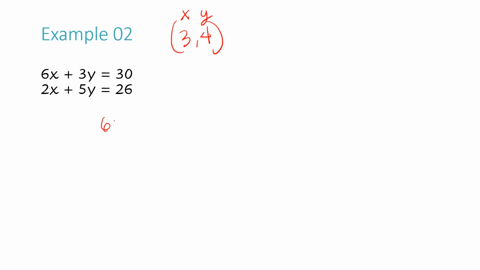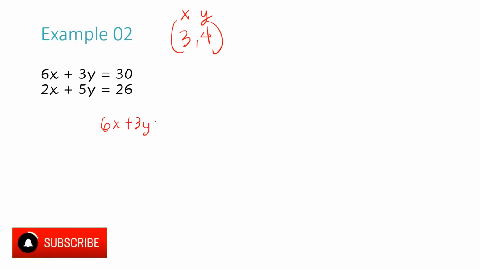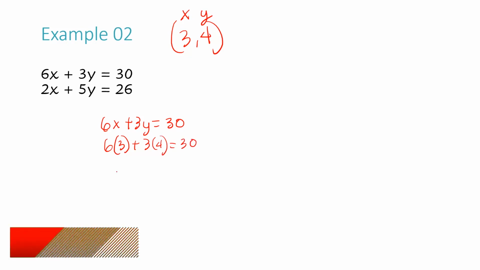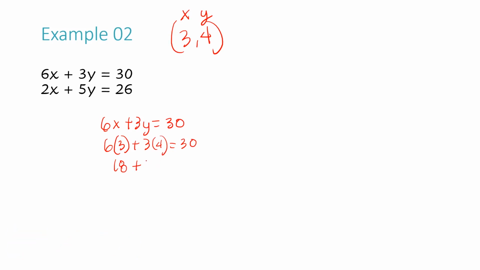So let's start with the 6x plus 3y equals 30 equation. 6, instead of writing x, I'm going to write 3. Instead of writing y, I'm going to write 4, and 30. 6 times 3 is 18 plus 3 times 4 is 12 equals 30. That's right. 30 equals 30. Right? Okay, that's good so far.